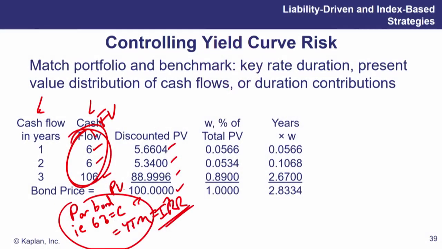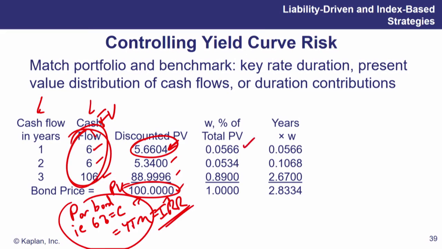Just as an aside, of course you're not going to do that on the test. You need computer power to make these kind of calculations in reality. But we're seeing how things link together. If you wanted to, and this is an important idea, we could take each of these present value cash flows as a percentage of the total PV and do a weight.